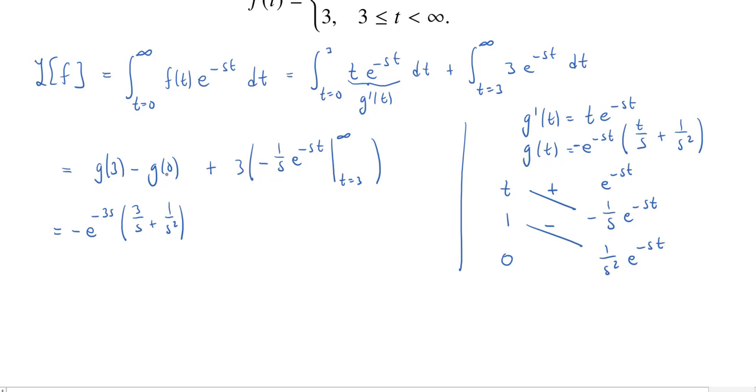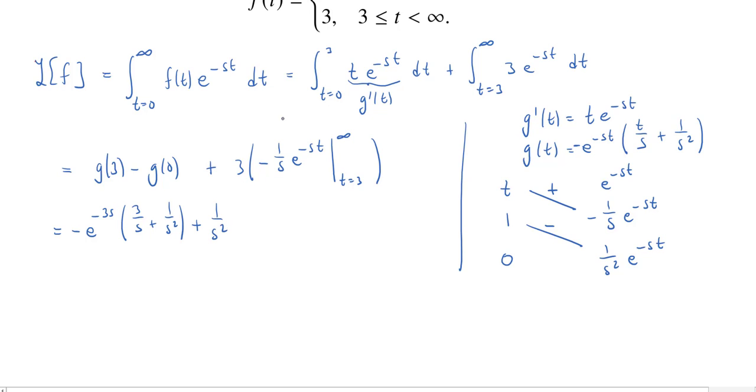Okay, how about the minus g of 0? So minus, okay, now when we do g of 0, the exponential will just become a 1, because t is 0, e to the 0 is 1. And there's a minus, so that actually will make this into a plus. And what's on the inside? Well, t is 0, so this first summand goes away, and we're just left with a 1 over s squared.